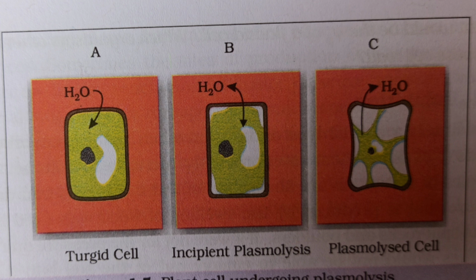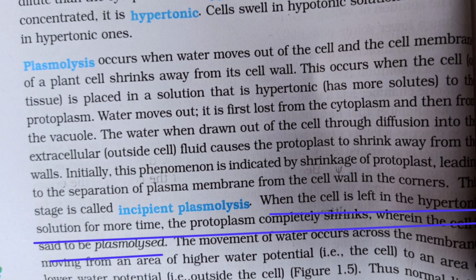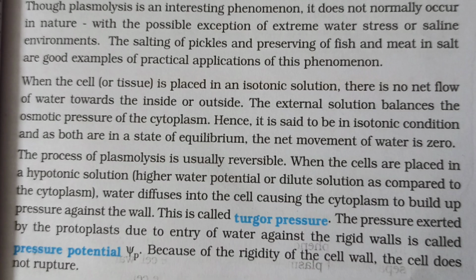Initially, this phenomenon is indicated by shrinkage of the protoplast, leading to separation of the plasma membrane from the cell wall at the corners. This stage is called incipient plasmolysis. When the cell is left in the hypertonic solution for more time, the protoplasm completely shrinks, and the cell is said to be plasmolyzed.